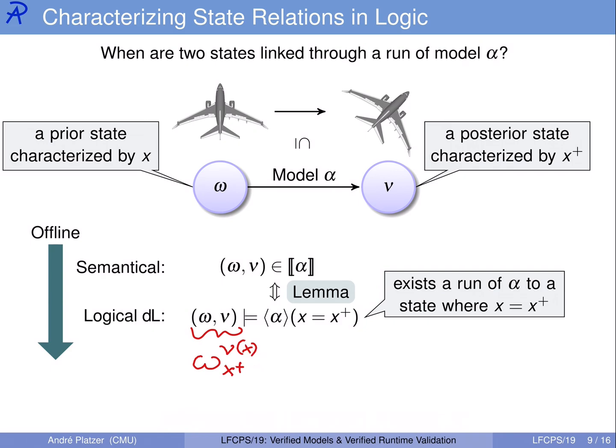In other words, in this state, x plus will assume the value that x has in the new state, and because x plus isn't changing while alpha's model is running, that means at the end it will still precisely have the value that the values of x apparently have gotten to. And because there is a transition from the old state omega to the new state nu in the semantics of the model, if and only if this pair of states, rendered like so, satisfies the differential dynamic logic formula that there is a run of alpha to a state where x equals x plus.